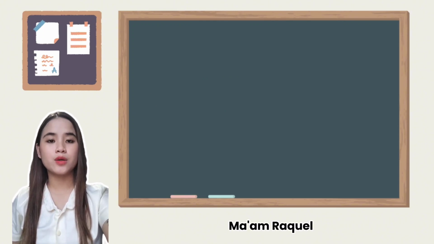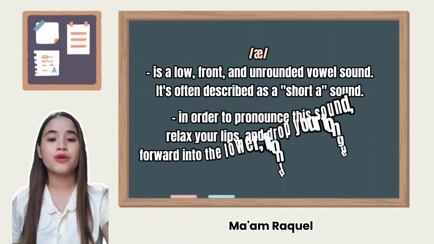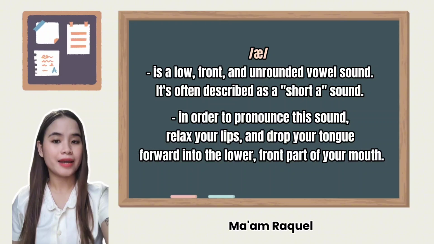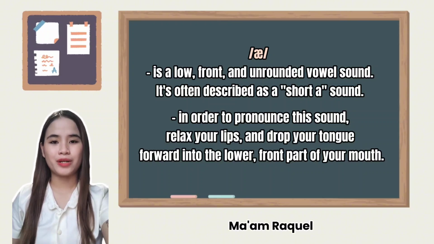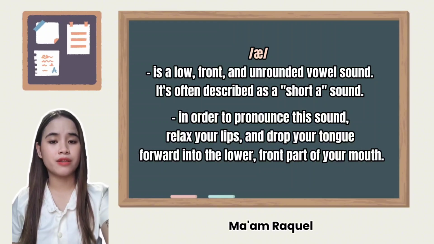Now, let's take a look at the 4 very common vowel sounds. The first sound is æ. Repeat after me. æ. Again. Very good. This sound is a low, front, and unrounded vowel sound. It's often described as a short A sound.